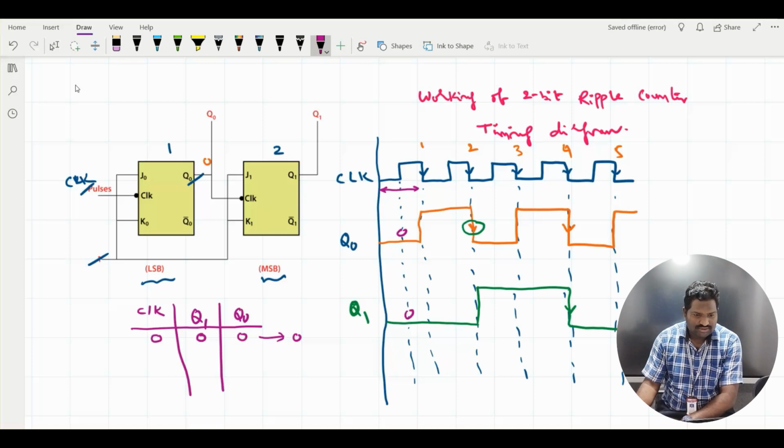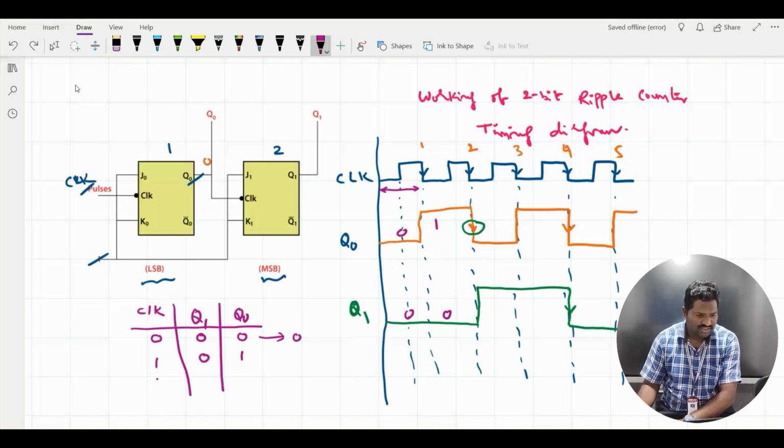Now once I trigger the first flip-flop, the output of the flip-flop becomes 1, and at the same time, for the first clock pulse, Q1 is still 0. That is Q1 is 0 and Q0 is 1. So after the first clock pulse, it will be 0 and 1.